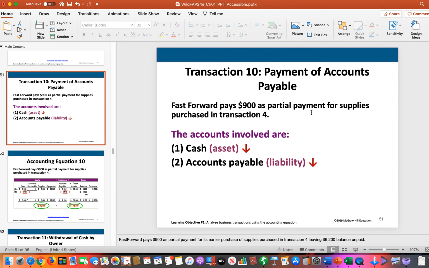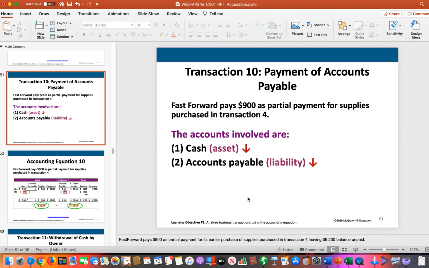Now let's look at transaction number 10. Remember when Mr. Taylor bought $7,100 worth of supplies on credit or on account? Well, he didn't pay the whole $7,100. He's paying $900 toward what he owes.